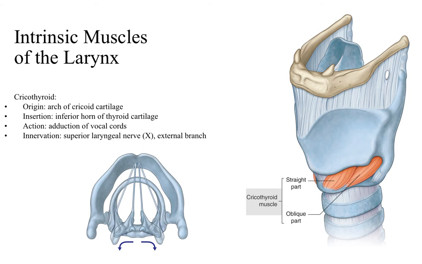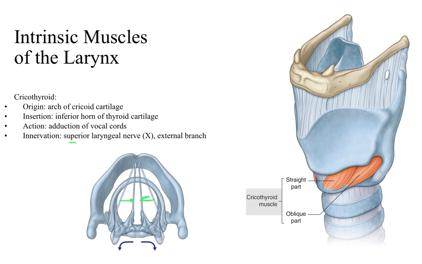So now we'll go into the details of the intrinsic muscles of the larynx, beginning with the cricothyroid. The name tells you exactly where it's located, between the cricoid cartilage and the thyroid cartilage. Its job is to adduct the vocal cords, so it's going to pull the vocal cords inward.